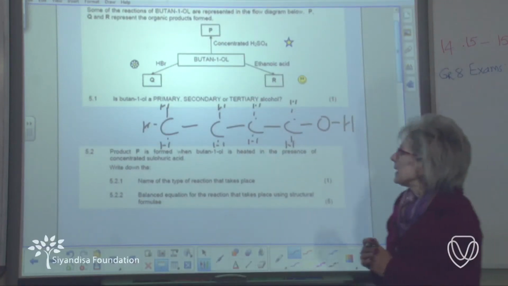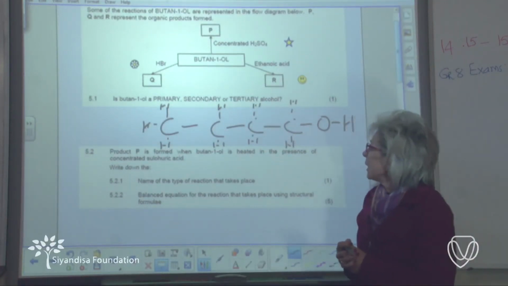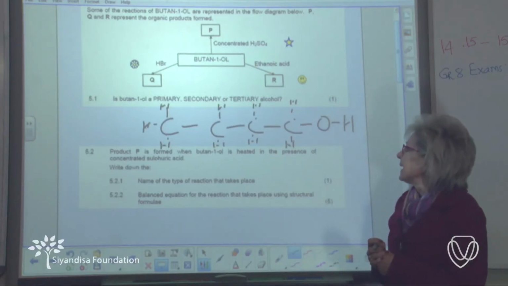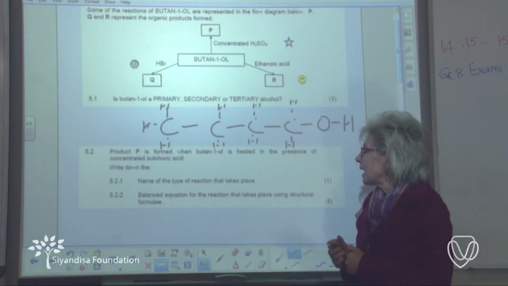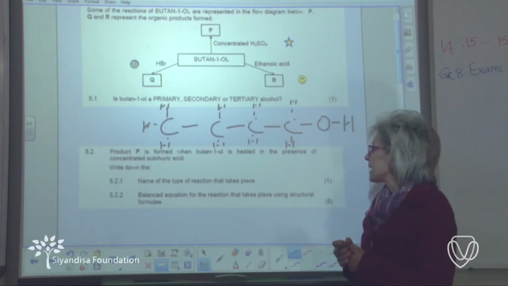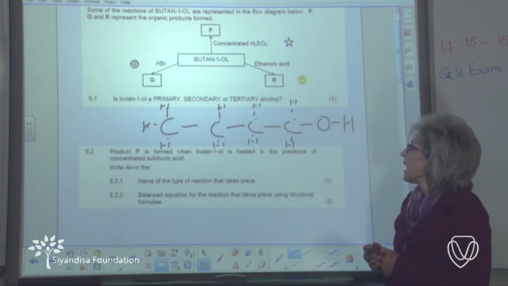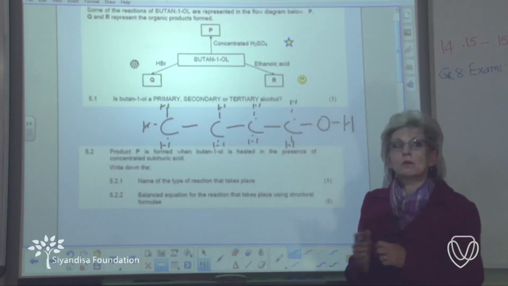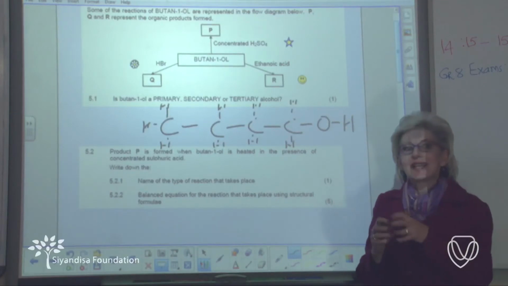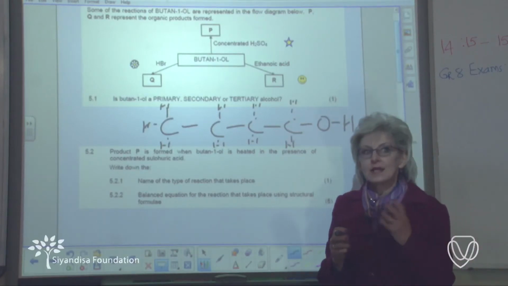Product P is formed when butane 1-ol is heated in the presence of concentrated sulfuric acid. So write down the name of the type of reaction that takes place. Now, you should know by now, the moment that we react with sulfuric acid, it is a dehydrating agent.